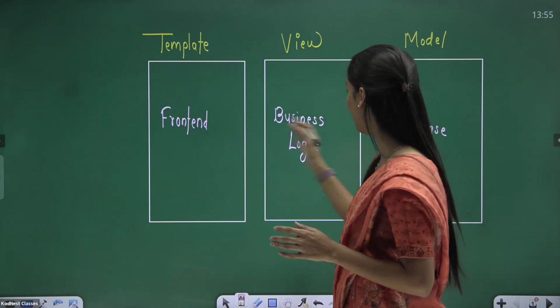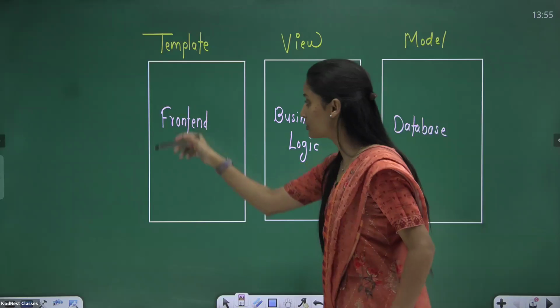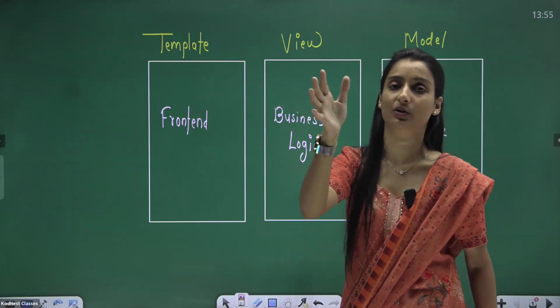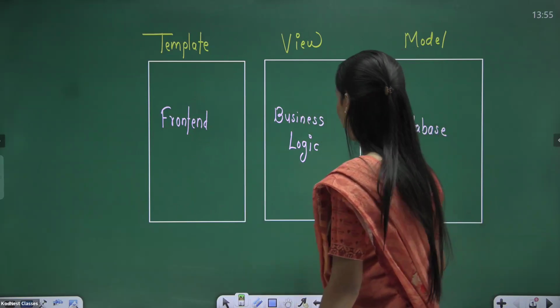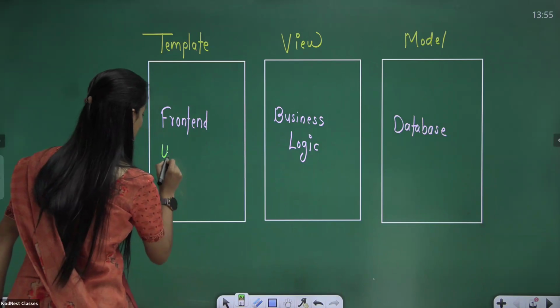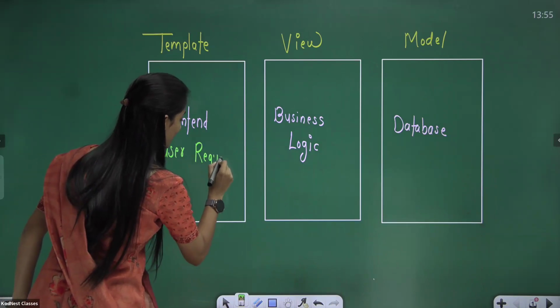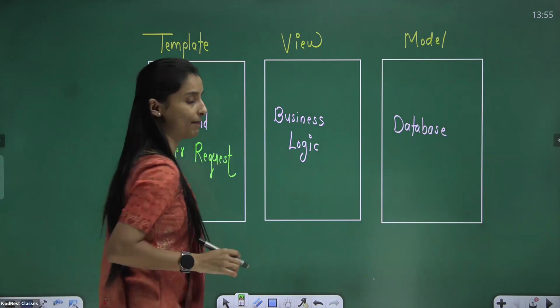So let's see how these things work together. As I have told, this is your front end. This part will be visible to the customer, to the user. The user will send the request from this part. Here we will write: user will send the request. Now, what does user request mean? You might have used multiple applications.